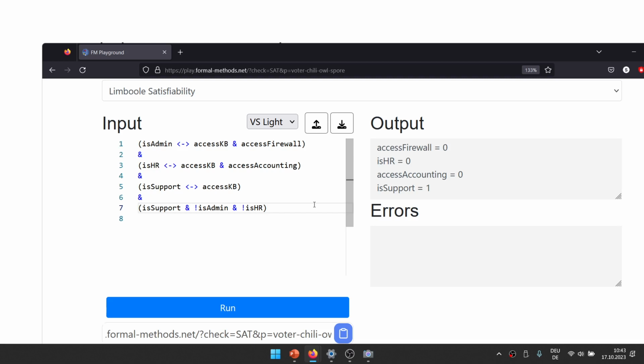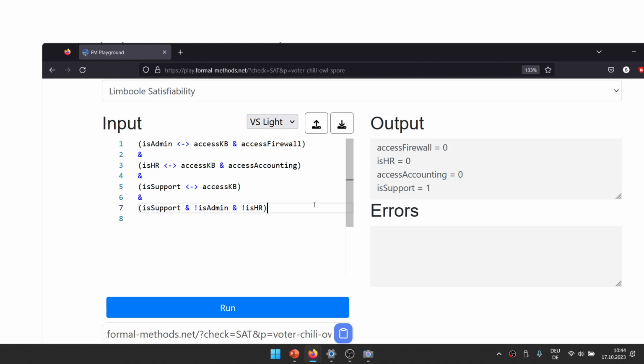Yes. And that would contradict the super user that might also have the same access to knowledge base and access to firewall without being an admin because they're a super user. Okay, so this thing is really not so easy.